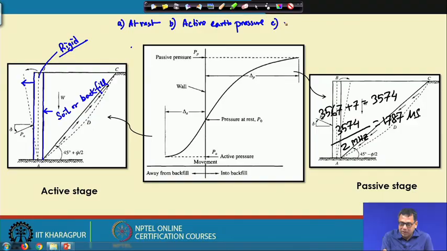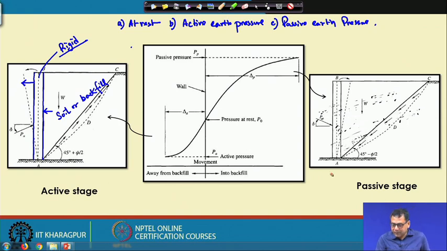And there is a third type of earth pressure, which is the passive earth pressure. Now, what is passive earth pressure? Here the direction of force is this direction as usual, because this is the backfill, or soil, and the soil is giving pressure on the wall, but your wall is moving in this direction.